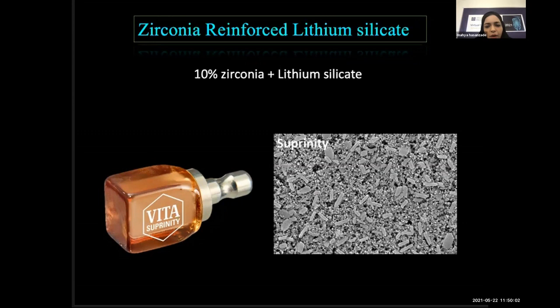When this material goes through the crystallization process, the nuclei of lithium silicate crystals achieve a mean size of 0.5 to 1 microns, which is much smaller than that observed for lithium disilicate. The formation of a smaller and finer crystalline phase occurs due to the presence of zirconia particles in the material, which is resolved after the crystallization, meaning that we don't have any zirconia after the crystallization.